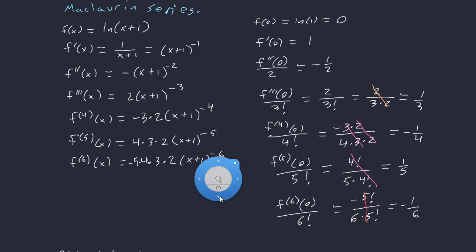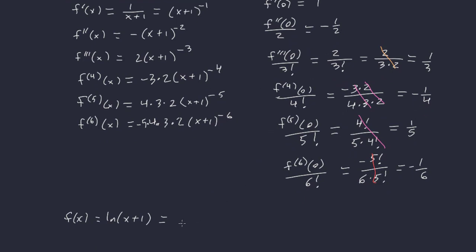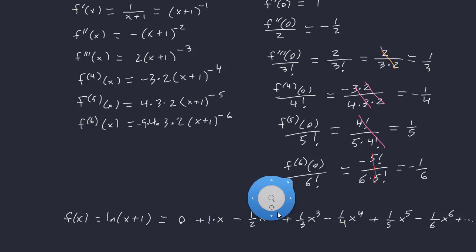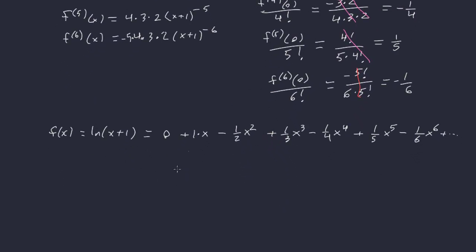Okay, so we can't forget that. There'll be plus 1 times x minus 1/2 times x squared plus 1/3 times x cubed minus 1/4 times x to the 4th plus 1/5 times x to the 5th minus 1/6 times x to the 6th, and it will likely continue in that pattern.